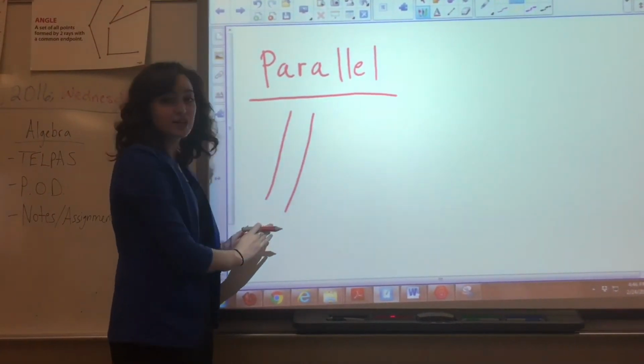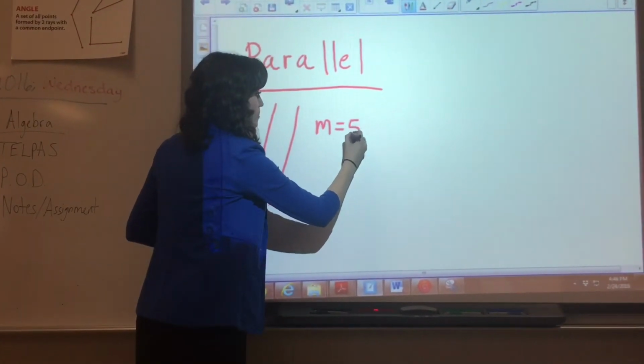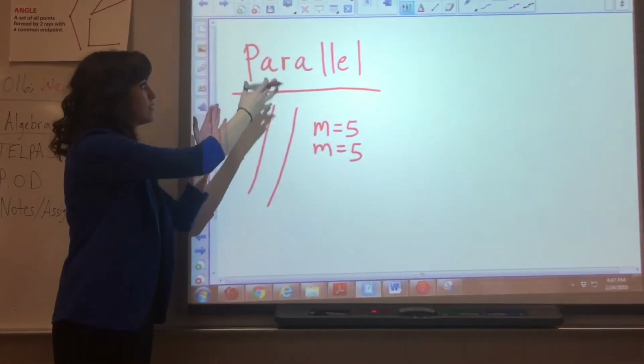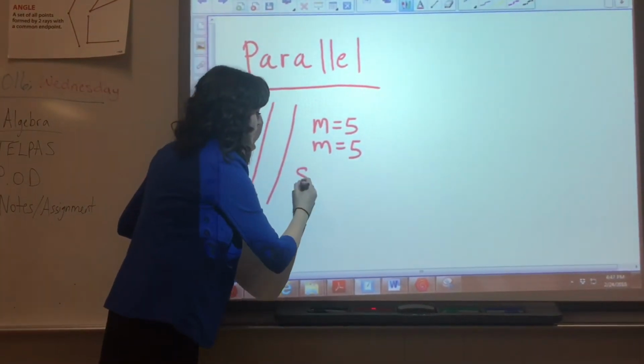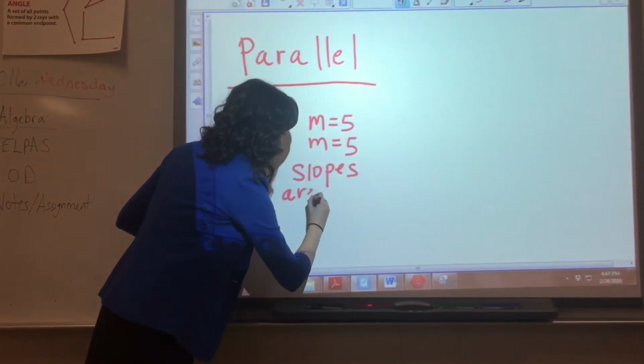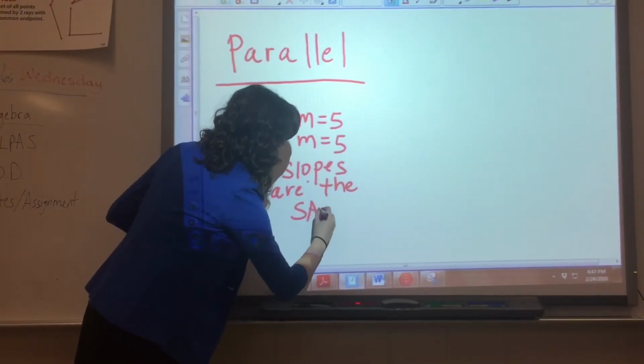The slope for line 2 would also be 5. So we're going to put m equals 5 and m equals 5. So the conjecture we're making for parallel lines is slopes are the same.